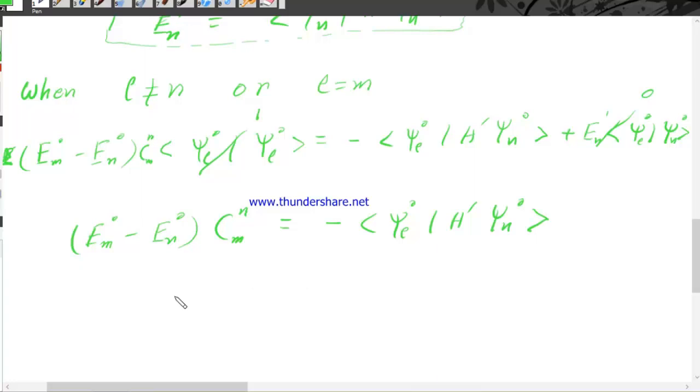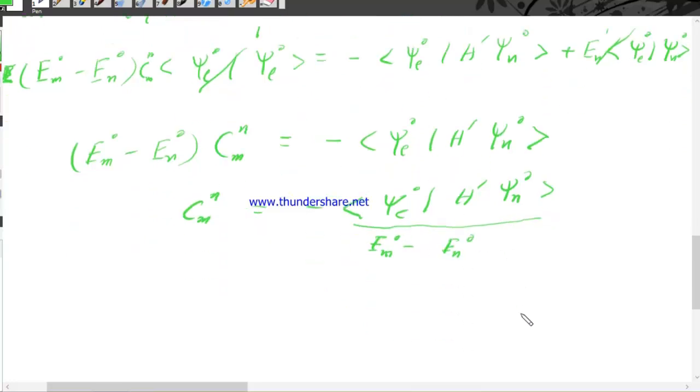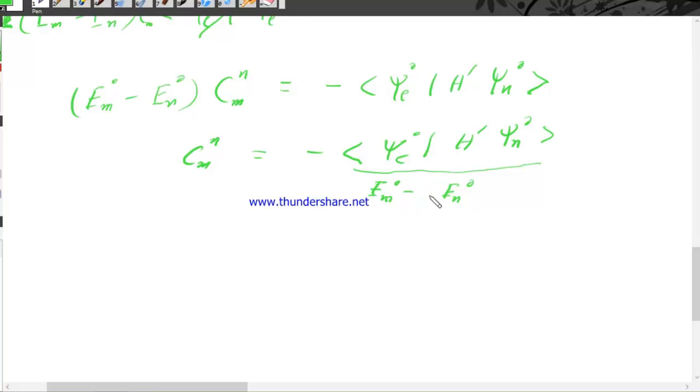Now we can divide on this term, so we get c_nm equal to minus ⟨ψm⁰|H'|ψn⁰⟩ divided by En⁰ minus Em⁰. Here we take a negative common from this term, then this minus becomes cancelled with this minus.